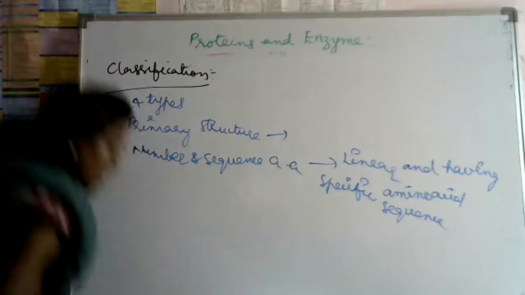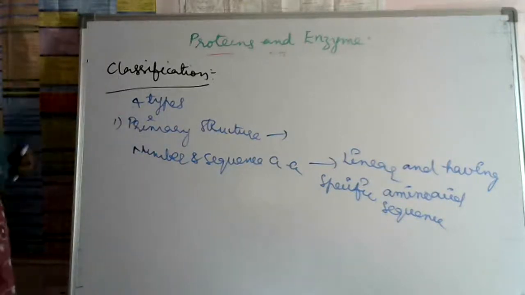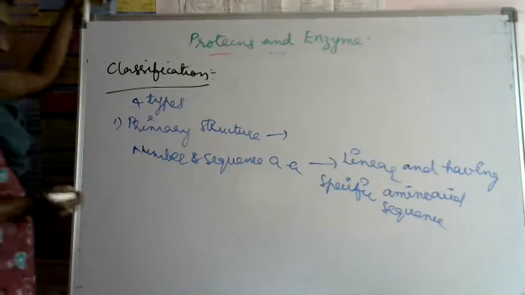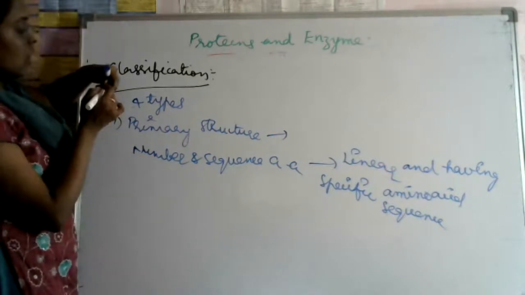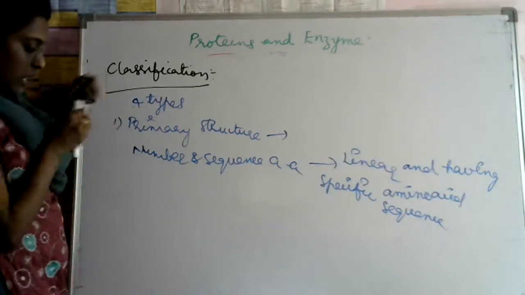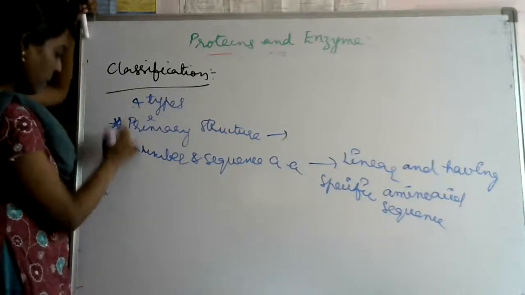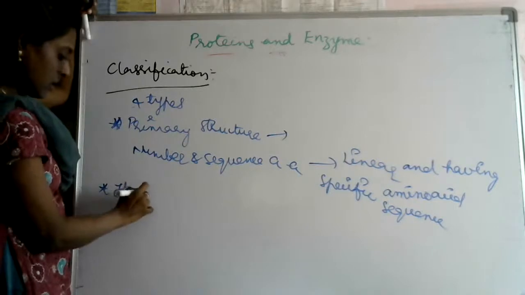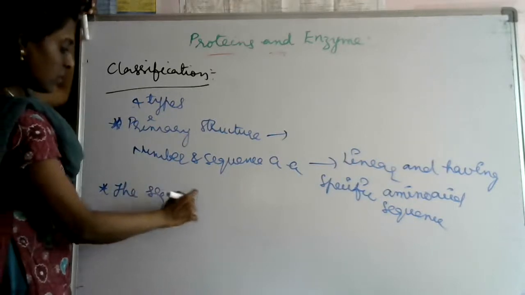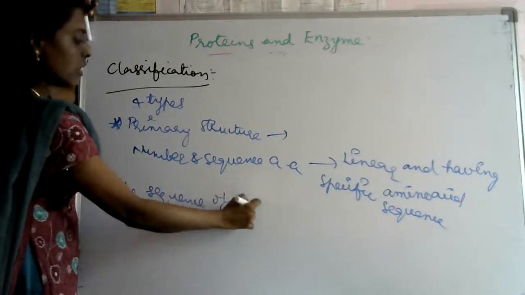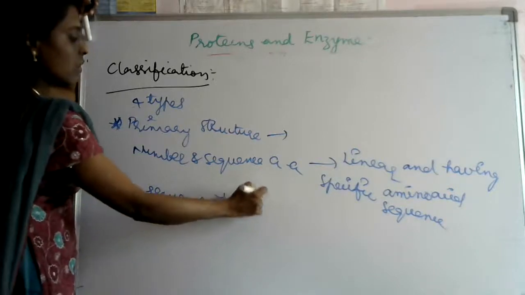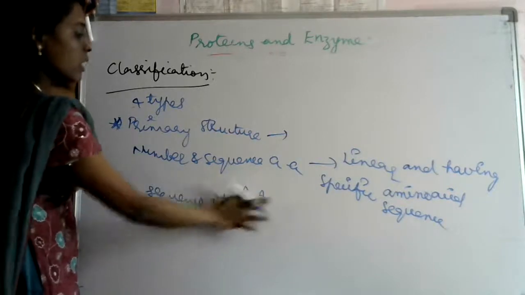The sequence of amino acids is arranged on the basis of DNA. Next point, the sequence of amino acids. I will write AA, the short form of amino acid.